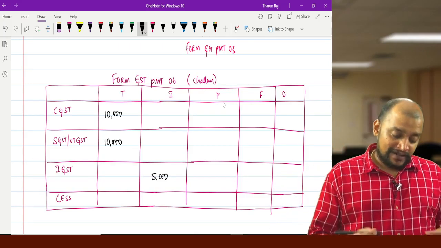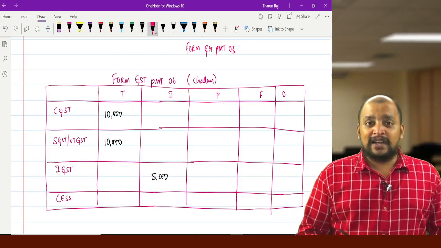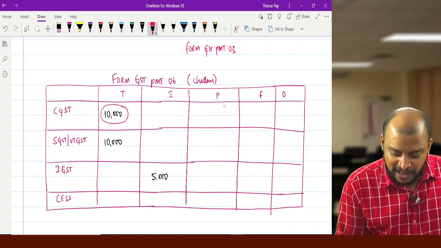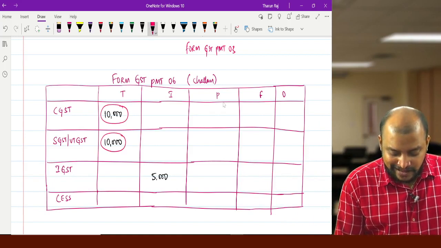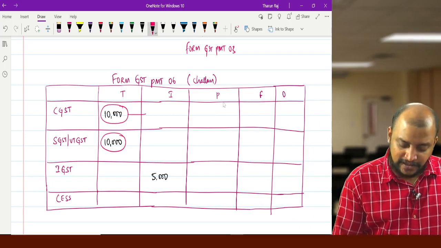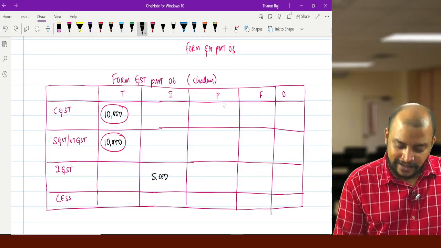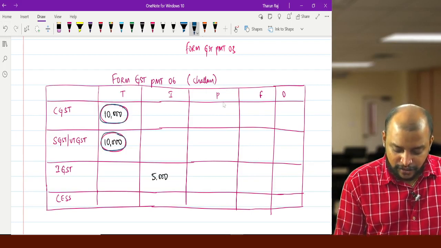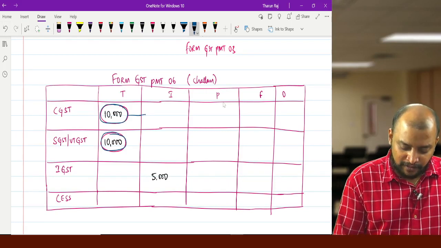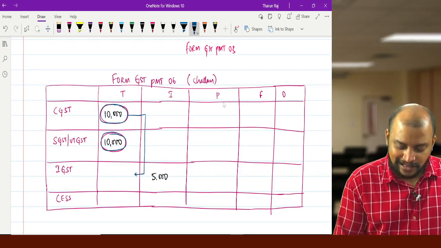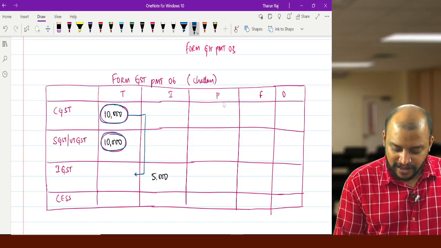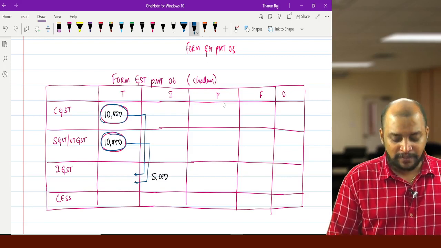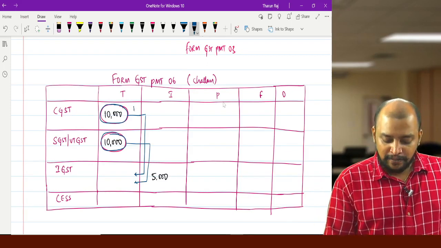So now we will file form PMT 9 to shift the balances from this place, this 10,000 rupees and this 10,000 rupees, to shift it from here to IGST tax. To shift it from here to IGST tax, we will be filing one PMT 9.